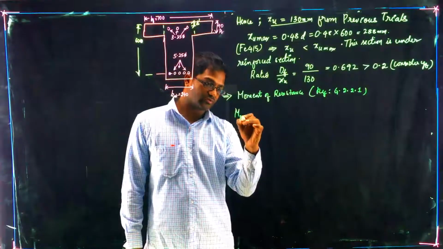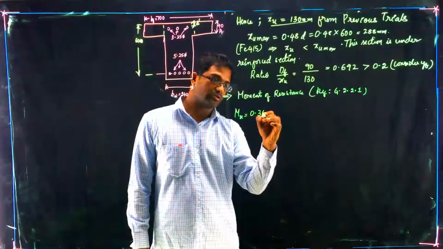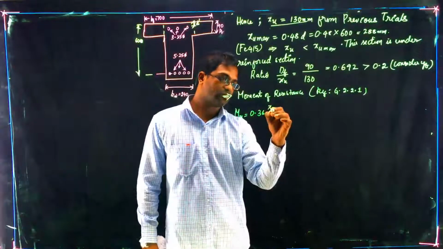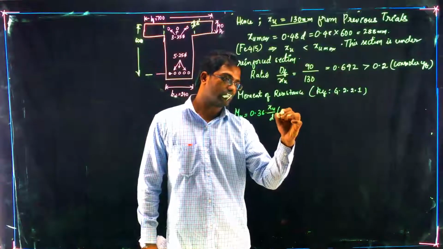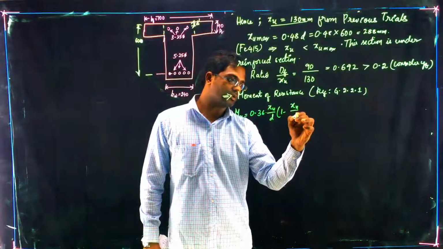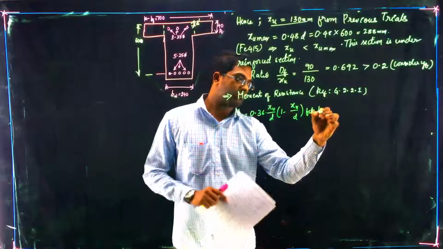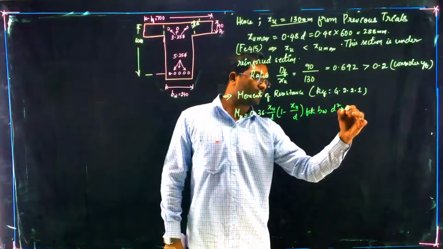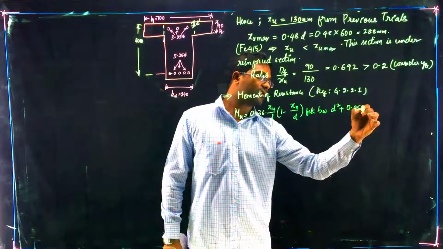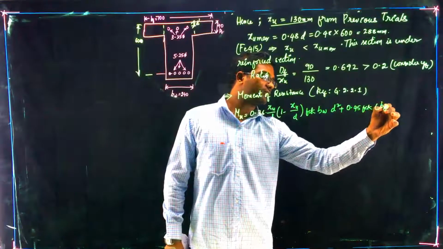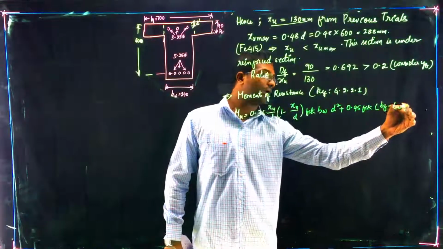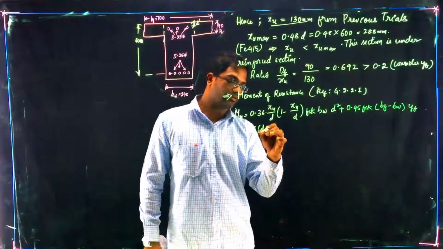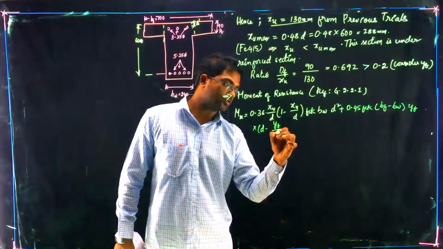For this, MU is given by 0.36 into XU by D into 1 minus XU by D into FCK BW D square, plus 0.45 FCK into BF minus BW into YF into D minus YF by 2.